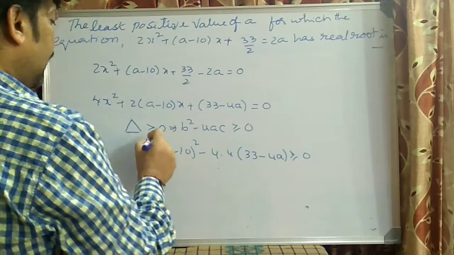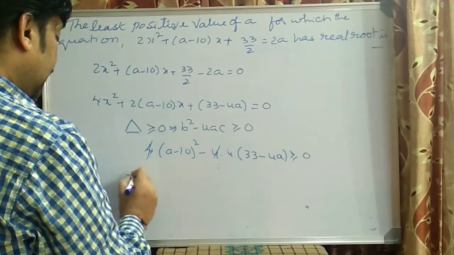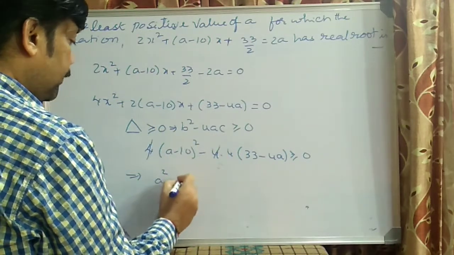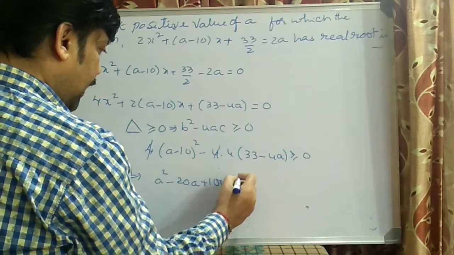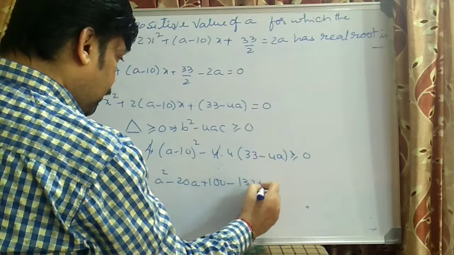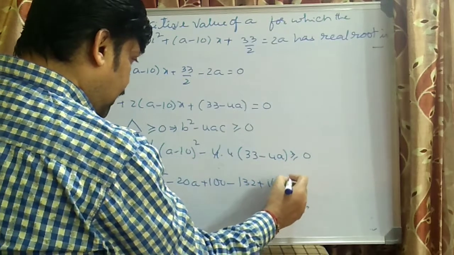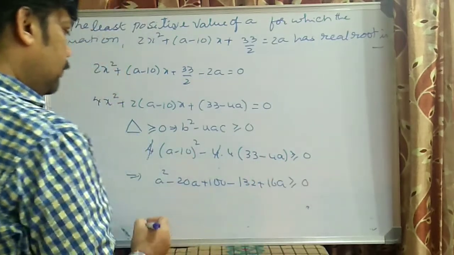Okay. Now dividing with 4, I am expanding this. A square minus 20a plus 100 minus 132 plus 16a is greater than or equal to 0.